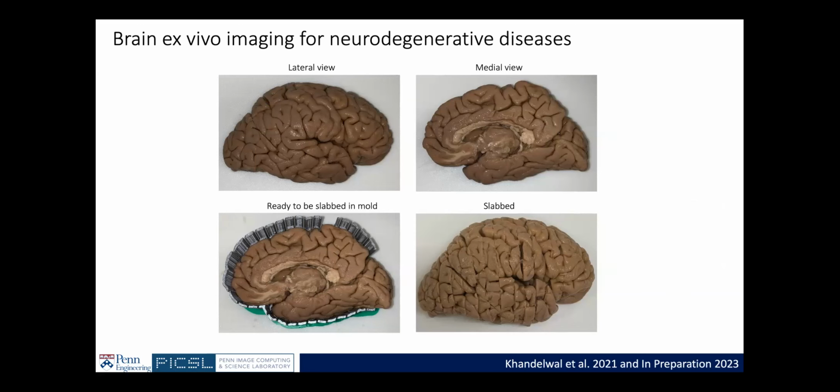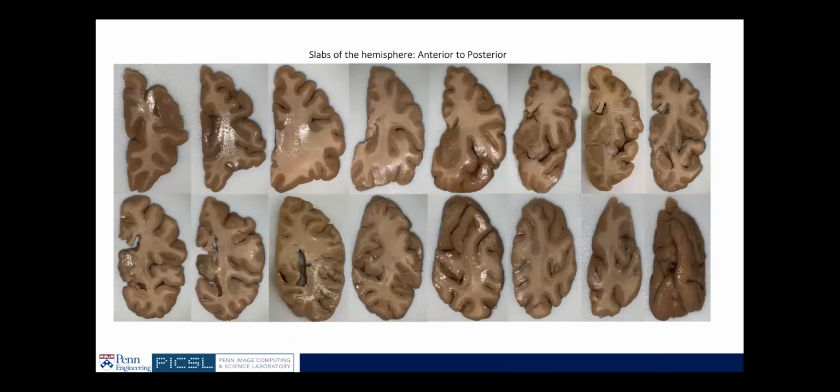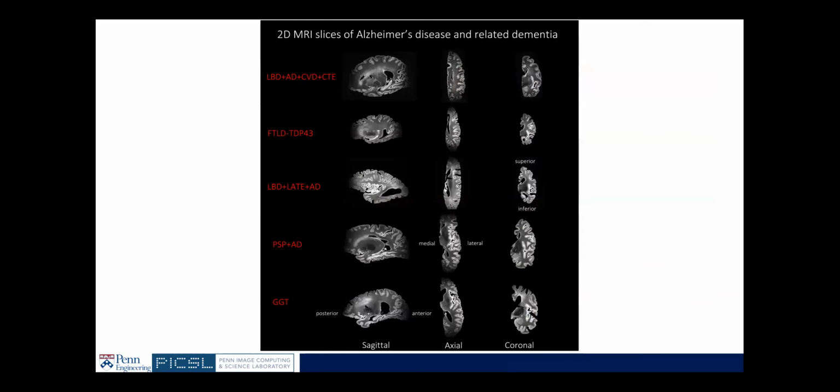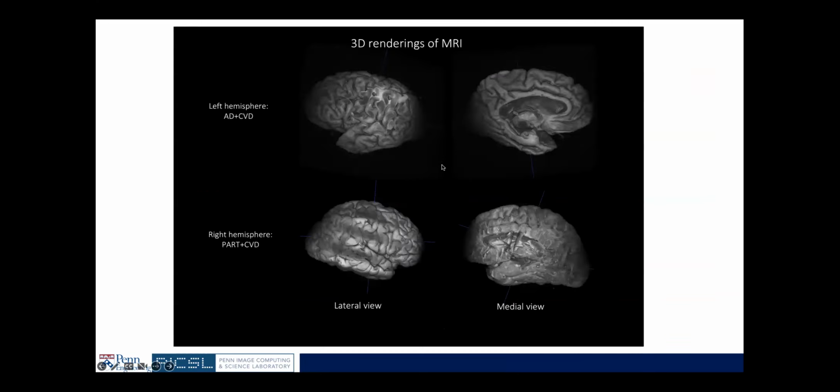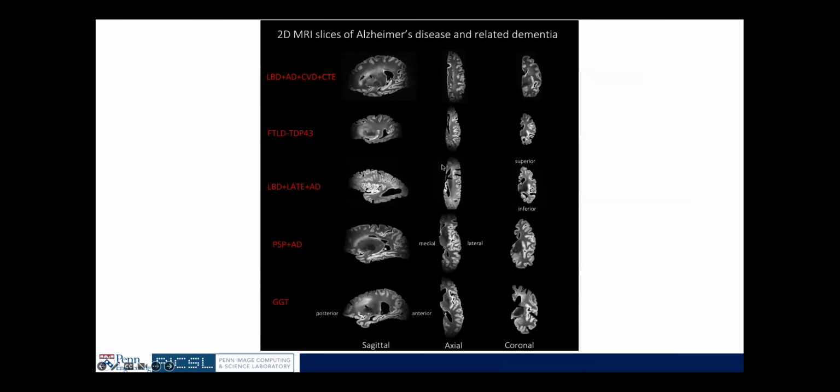So we take out the brain and slab it, and then we acquire high resolution images scanned at 7 Tesla and 9.4 Tesla. Let me show some of the images over here. I can't see much contrast over there, but these are the three views, sagittal, axial, and coronal, of different patients.